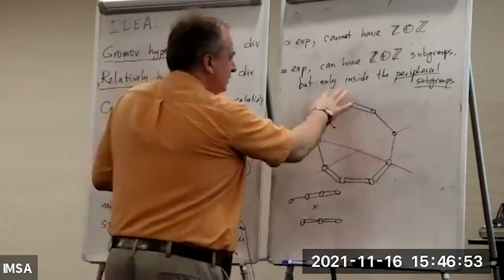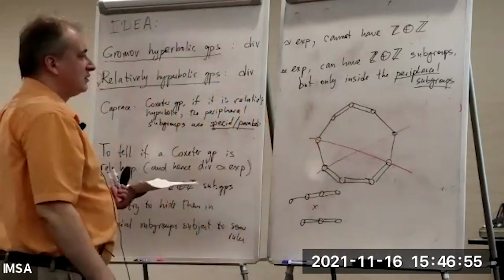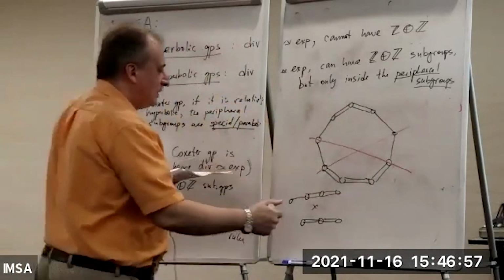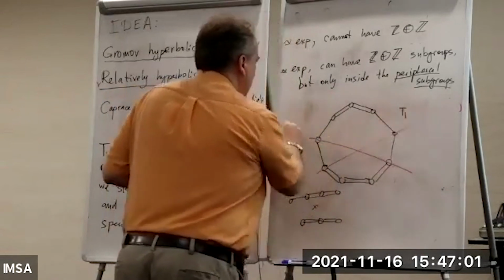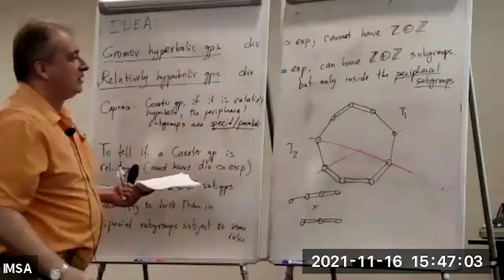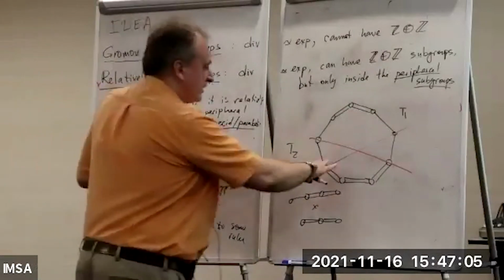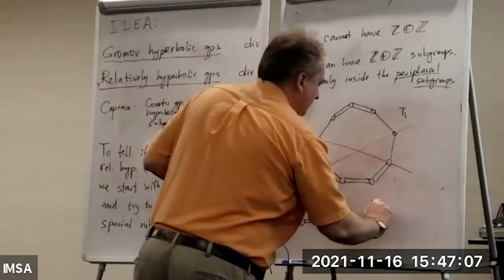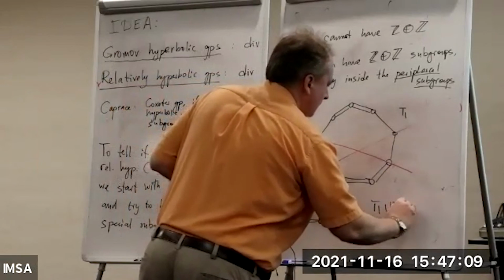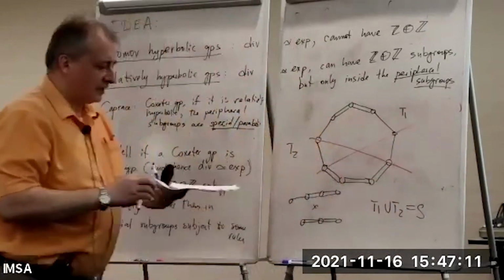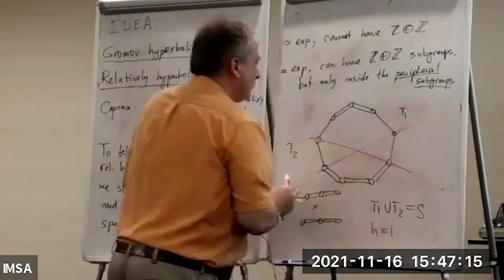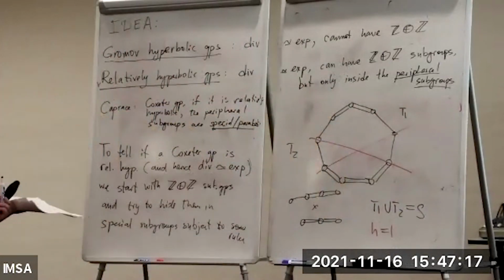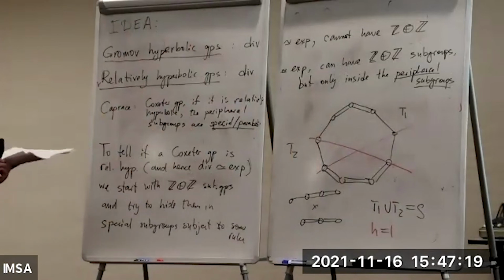And this union turns out to be exactly the whole S. So without these red lines, T1 union T2 gives S. And this tells us that the hypergraph index is 1 because this process stopped just after one step.